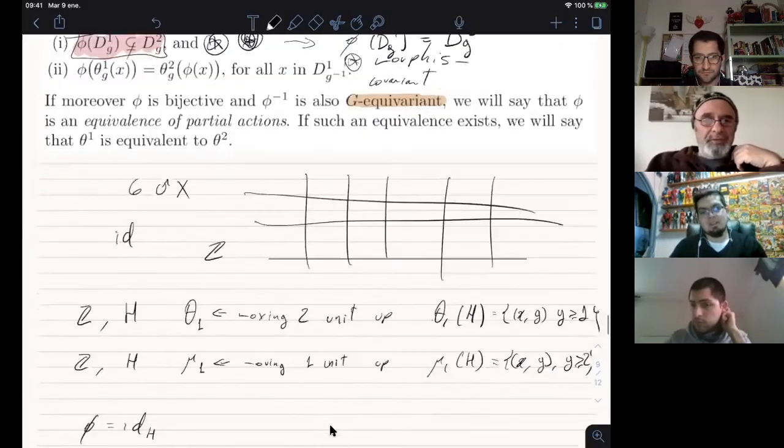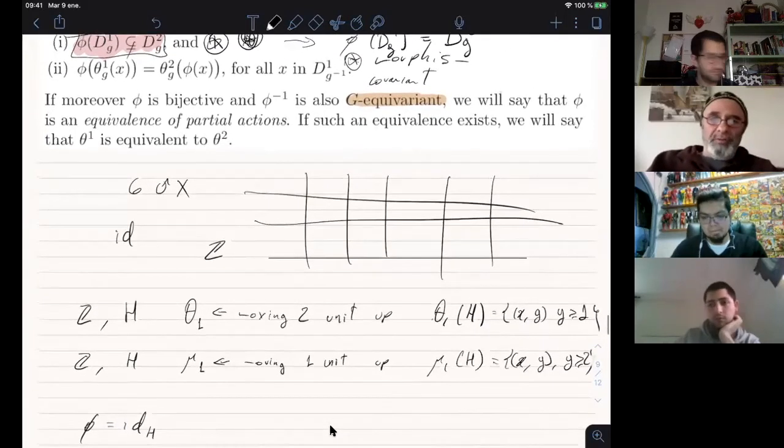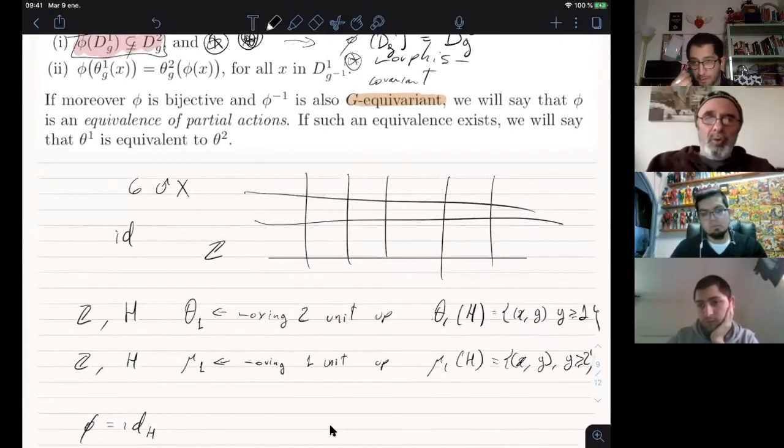You cannot have a domain which is twice as big as the corresponding domain of the first action. If systematically the domains are larger, with the identity, you will not have an isomorphism. It is bijective, it could be covariant, but the inverse will no longer be covariant.